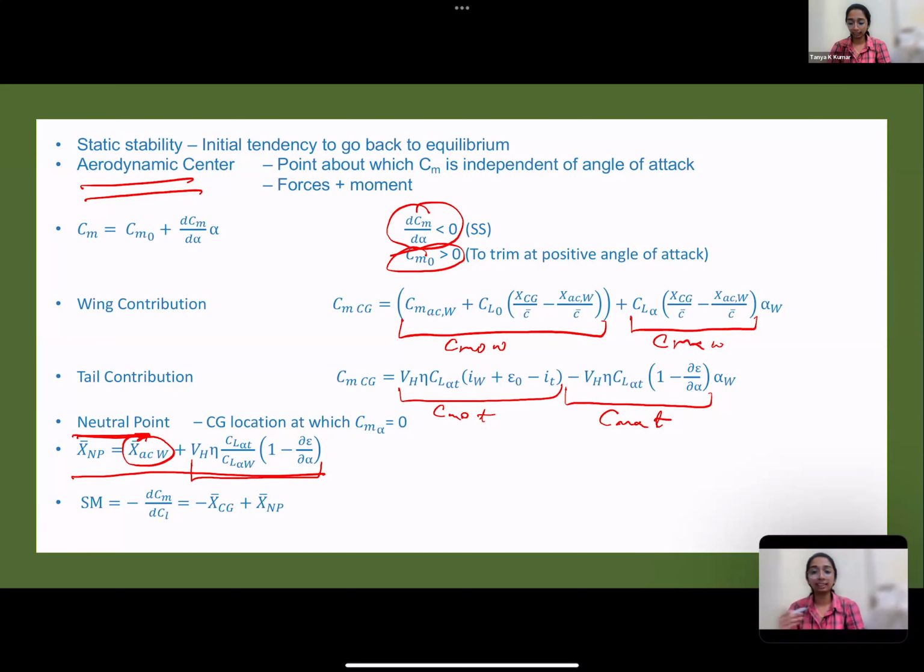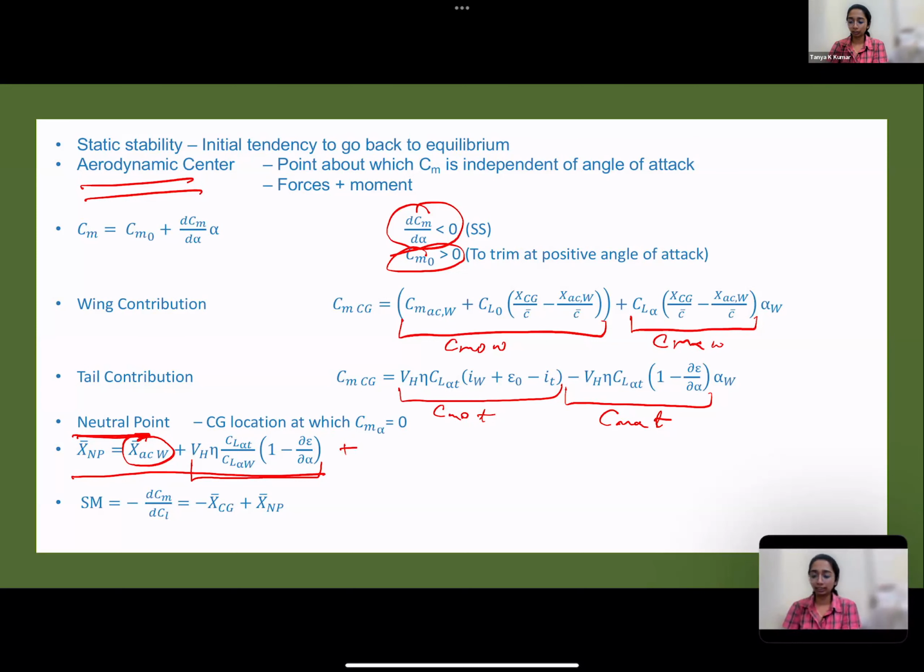Now that I've added a tail, you have the tail contribution towards neutral point. And if you add other surfaces like a canard or the fuselage contribution, it will just keep adding here.